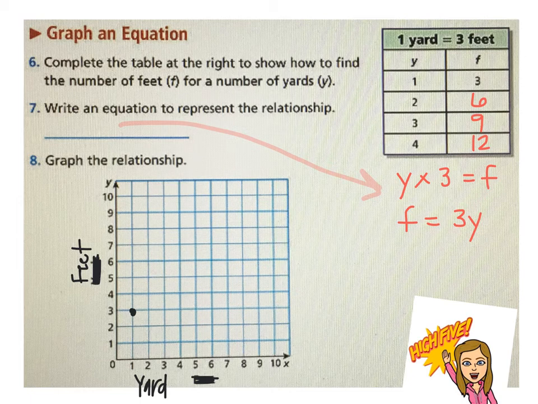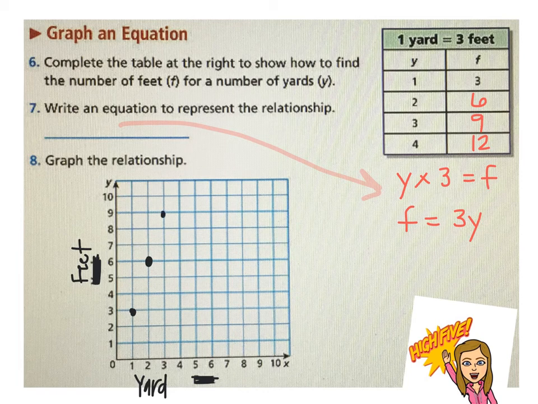Then the next point would be 2, 6. So I'll go in 2, up 6, and plot a point there. Next I'll do 3, 9. So I'll go in 3, up 9.